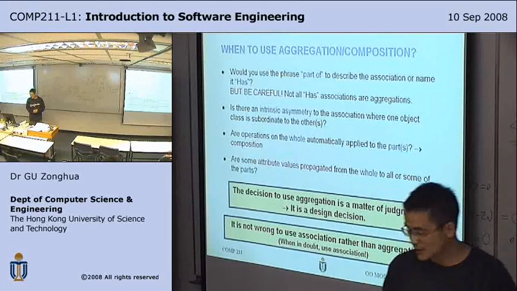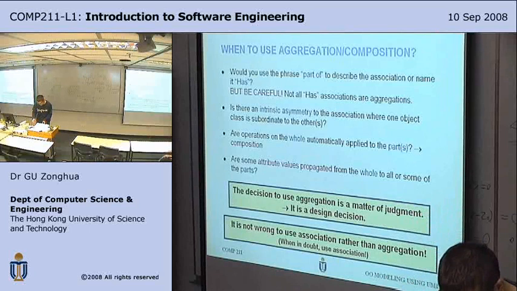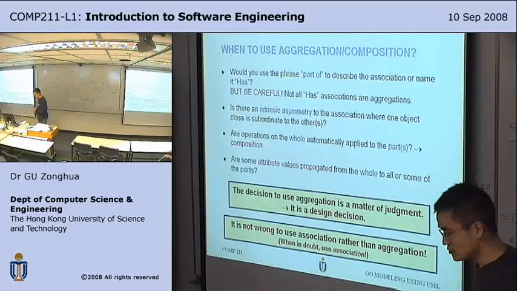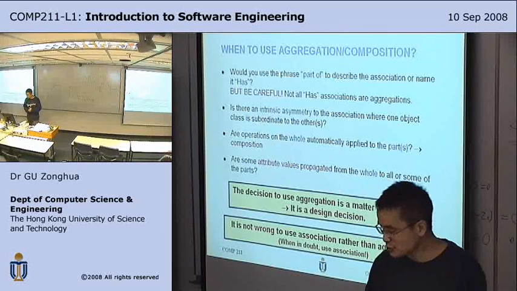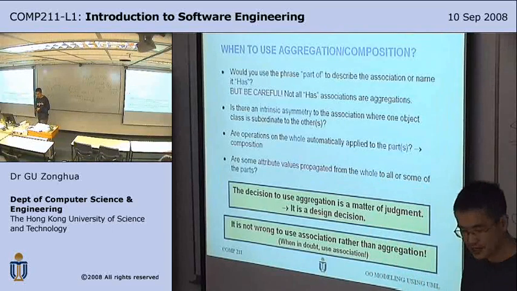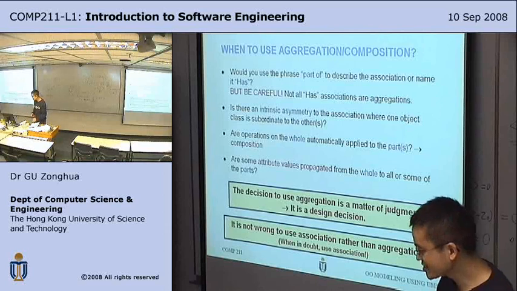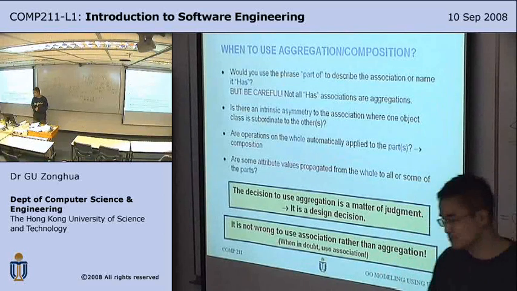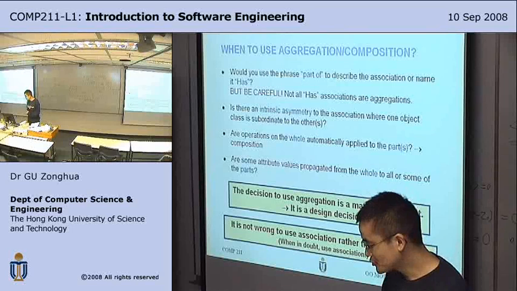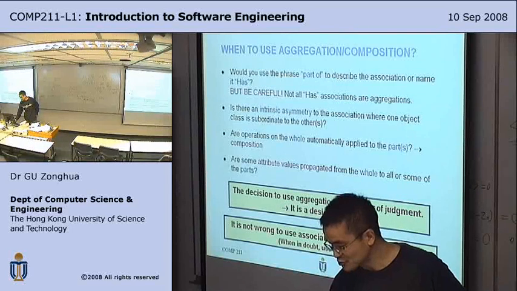It's never wrong to do that because association is more general. So whether to use association or aggregation really depends on your application. If you see a strong subordinate relationship, then you use aggregation or composition. Otherwise, just use association.